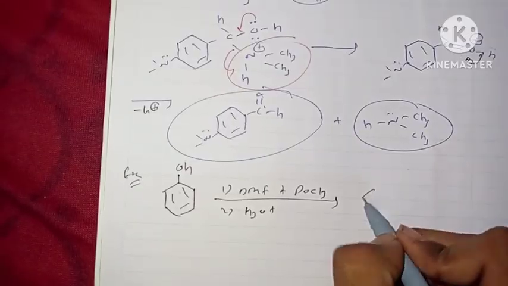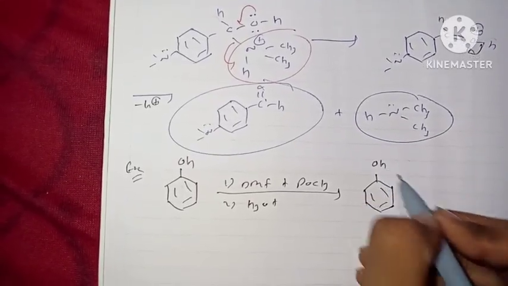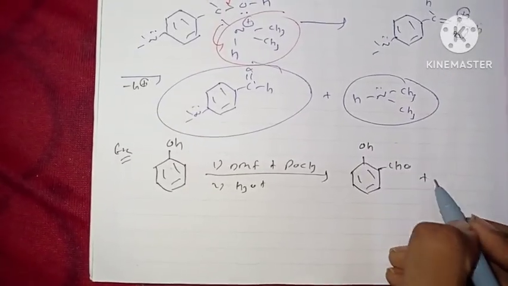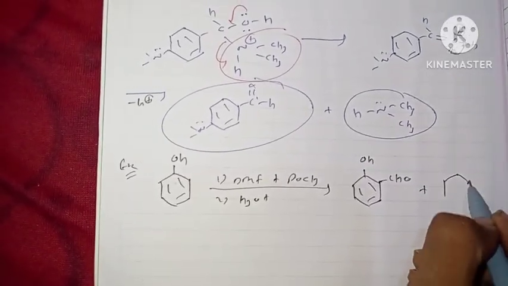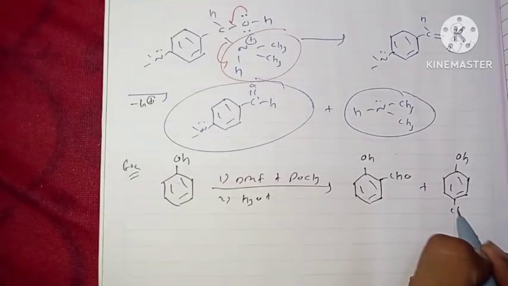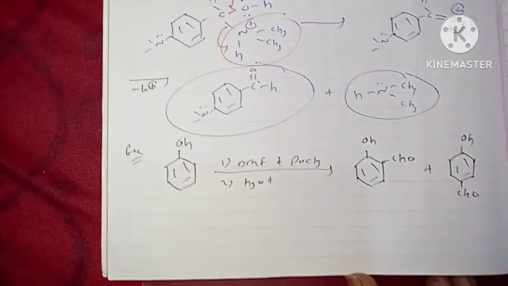So we get two products. First, formylation takes place on the ortho position. In the second product, formylation takes place on the para position. Okay, so you solve this example by yourself.